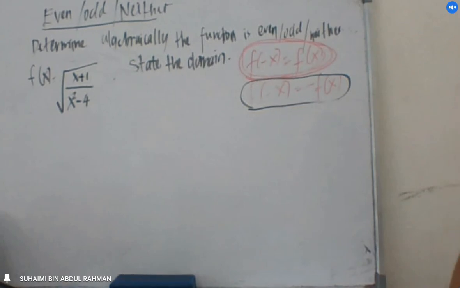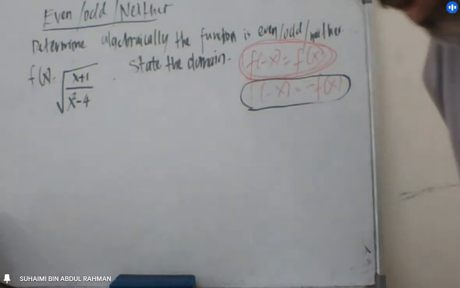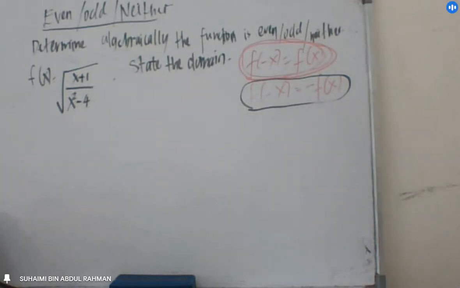Even or odd function? Odd. Odd function means that when we substitute with minus x, we get minus f(x). I will try to substitute.